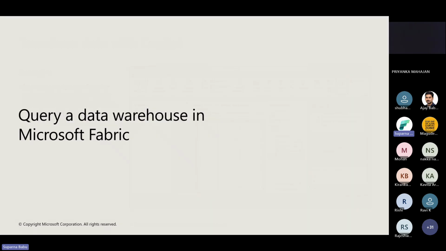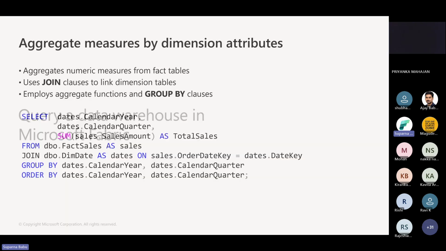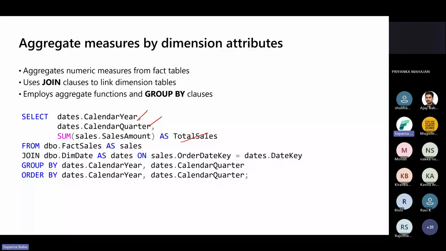Fine. Now let's see how we can query the data in Microsoft Fabric. You can create the aggregated dimensions. Here we are taking calendar year, calendar quarter, and calculating total sales. We have multiple tables.